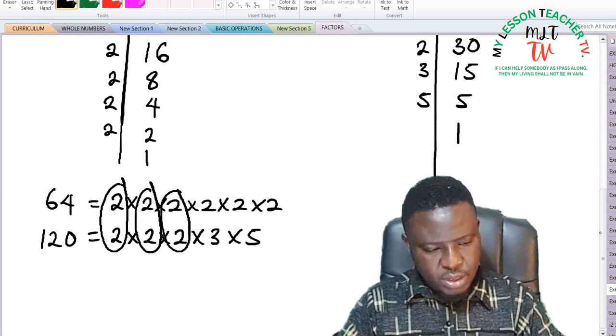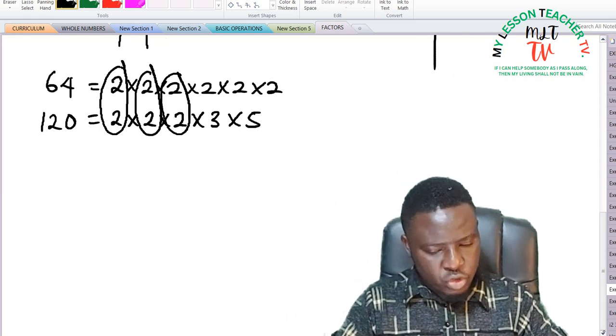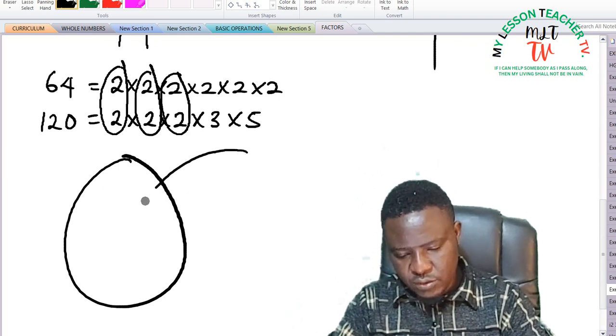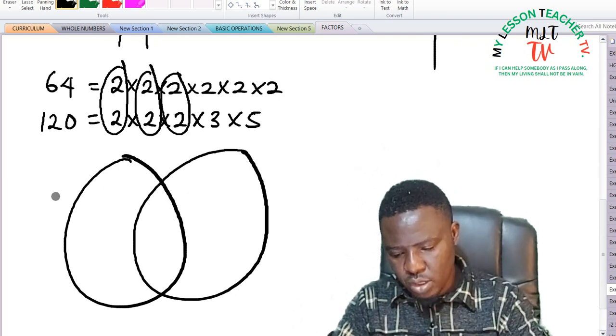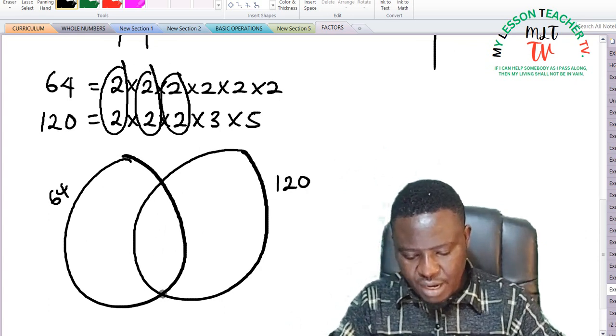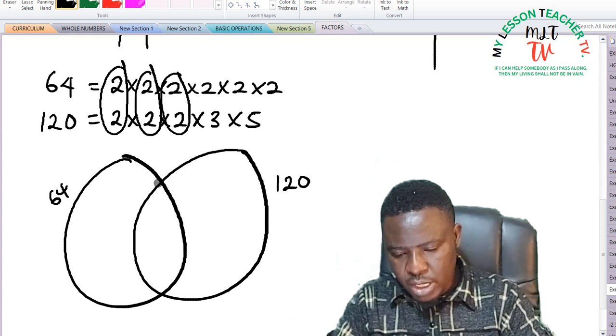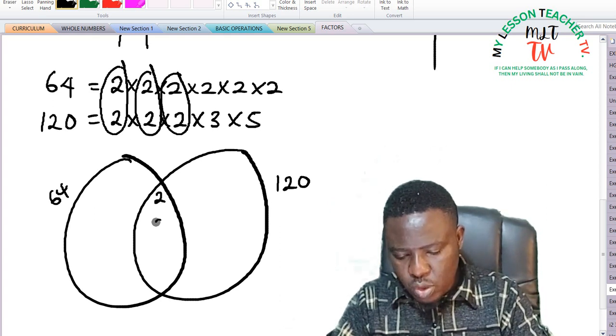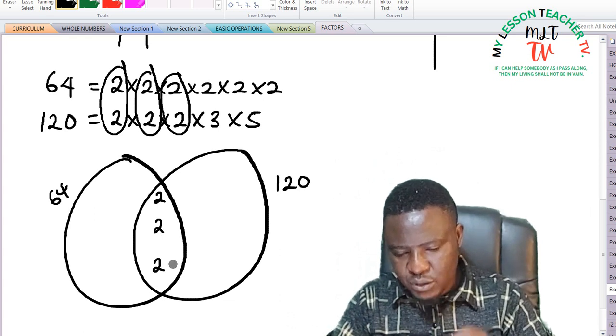Nothing else is common. So we shall then draw the two circles. This is for 64 and this is for 120. This region where we have an overlap will contain those digits that are common, which is 2 appearing 3 times.